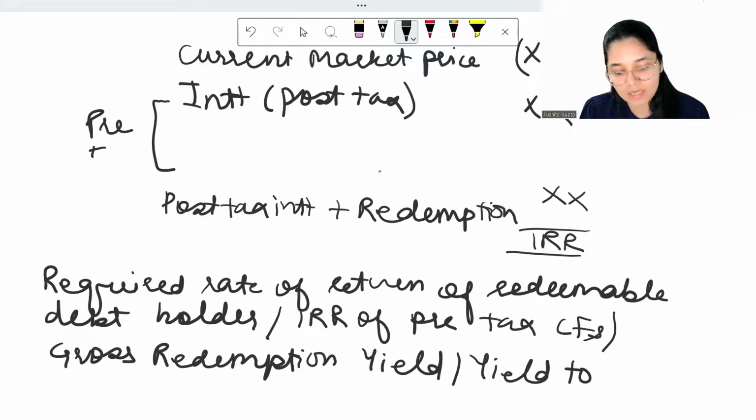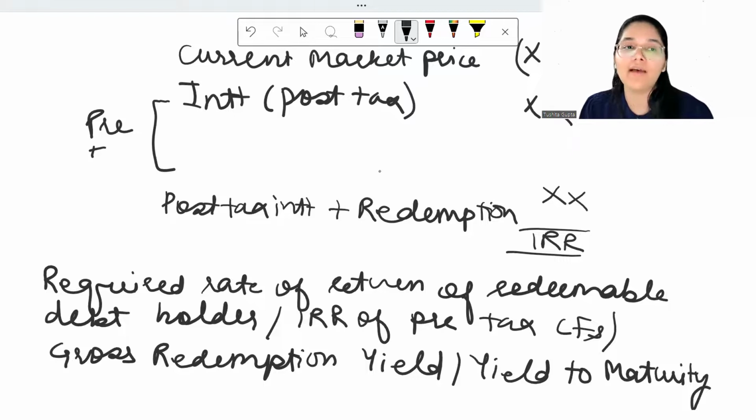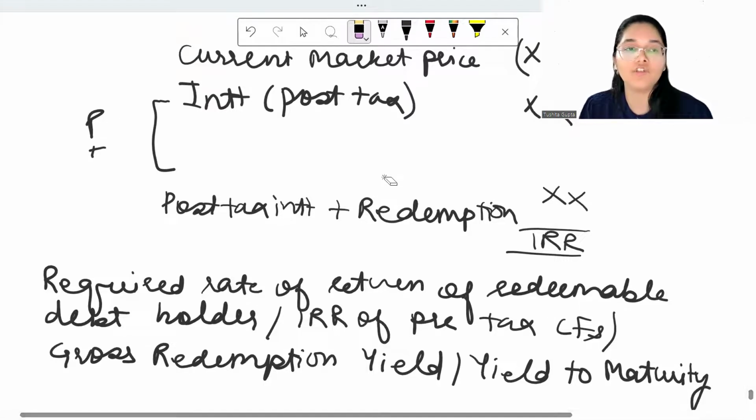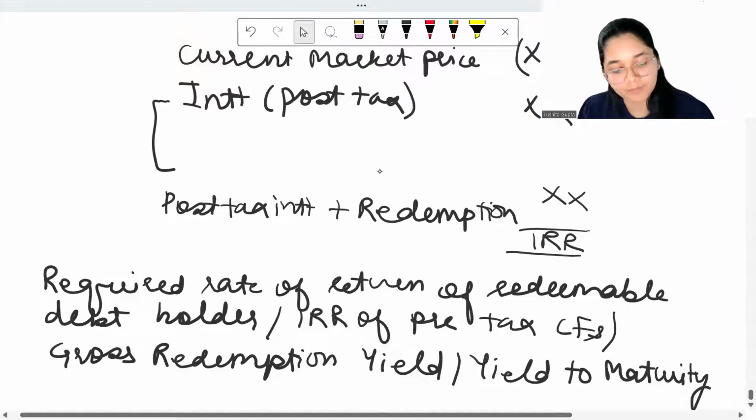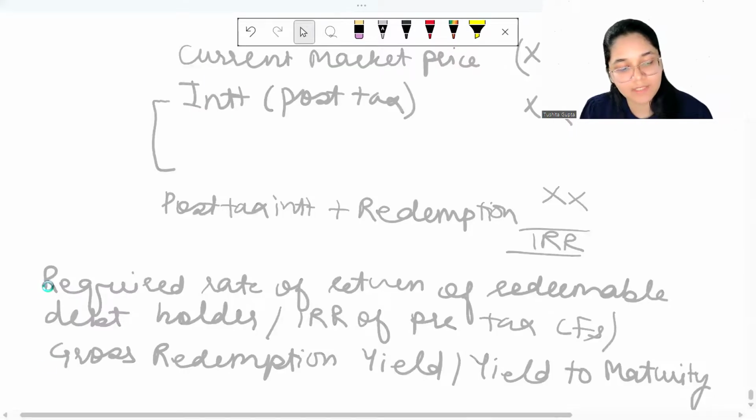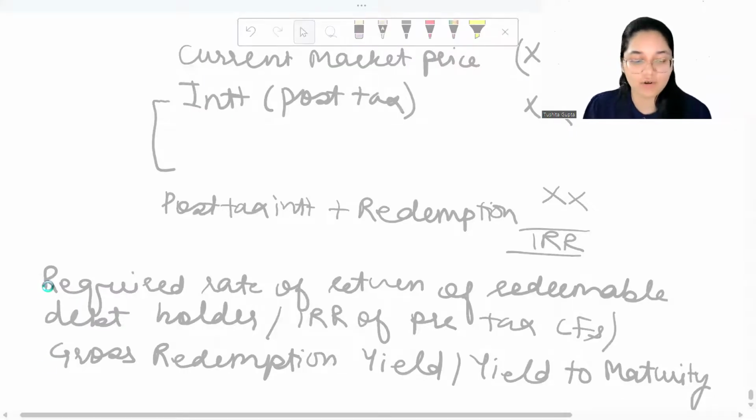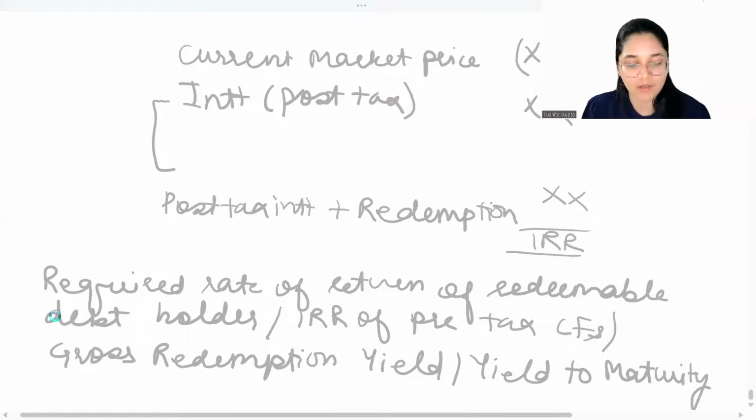All of the things are supposed to mean exactly the same thing. So if at all the examiner is using different terminologies, make sure that you do not get bowled out and you know that these are terminologies which mean the same thing. All right. So this is something that you will use for the pre-tax cost of debt. These are the names for the pre-tax cost of debt.